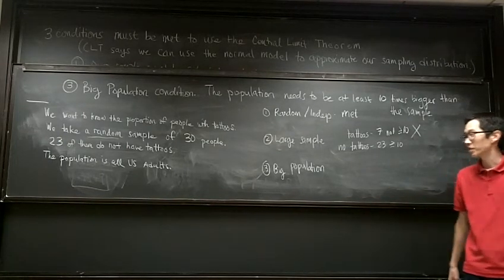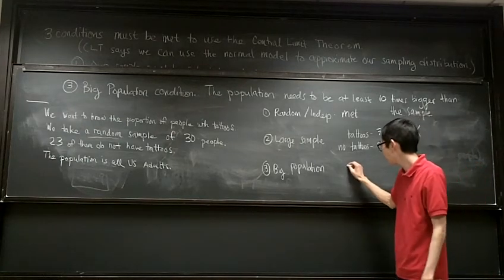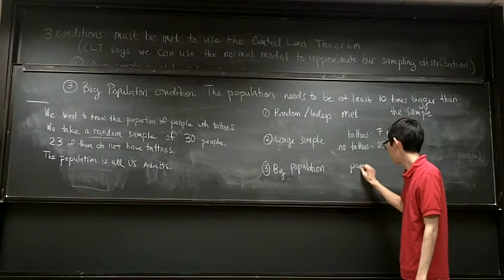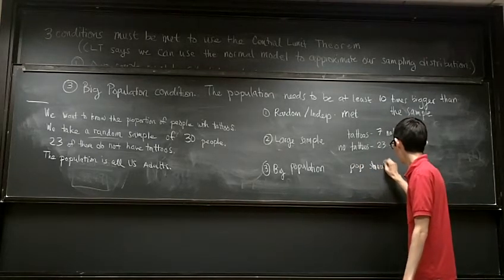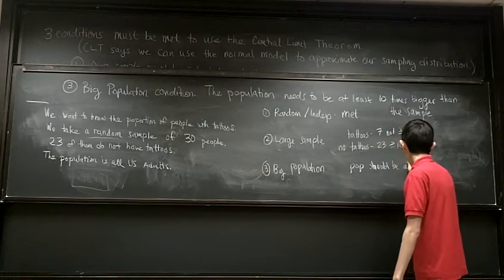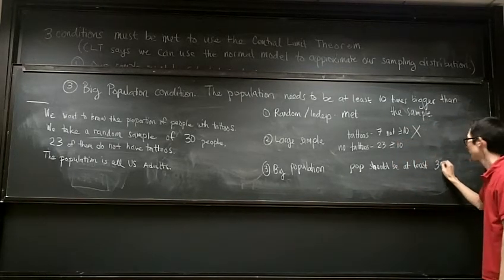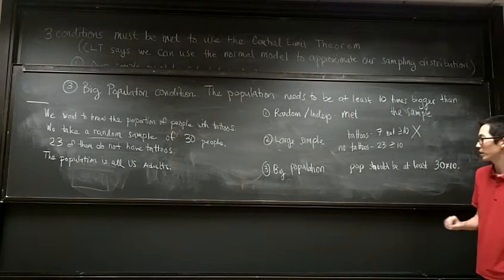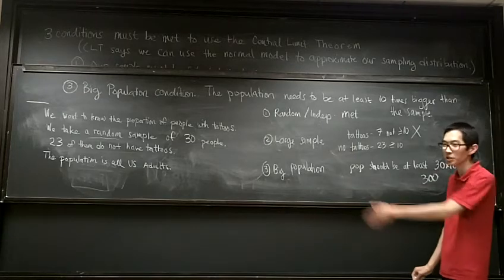Big population. Is that met? Yeah, okay. So my population needs to be at least what? 30 times 10, right? My sample is 30 people, so it should be at least 300 people. And what's my population?